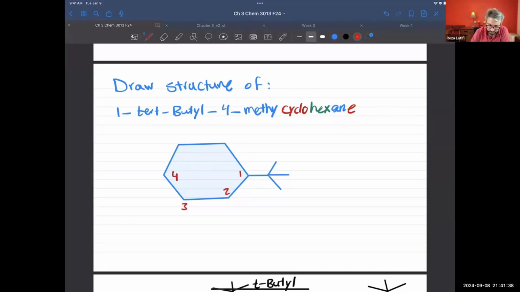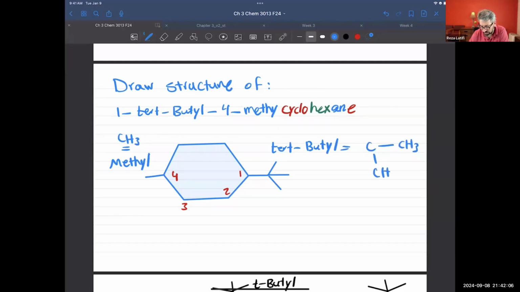On the fourth one, we have a methyl group. So this is going to be tert-butyl, and this is going to be the CH3 or the methyl group. This one is a carbon attached to CH3, another CH3, and another CH3, and this one attached to something else.